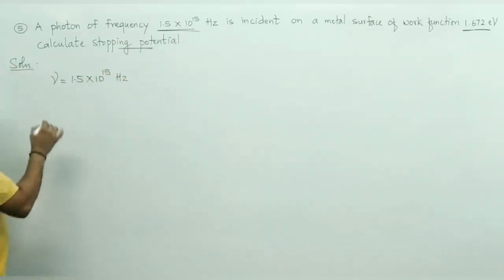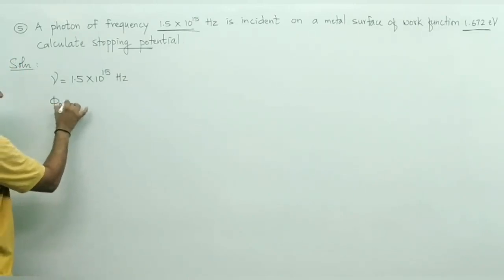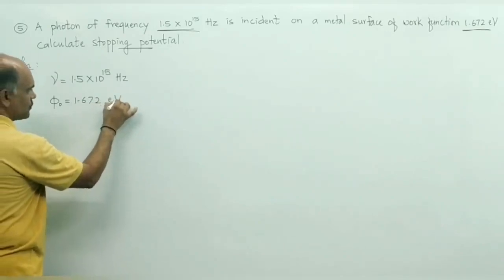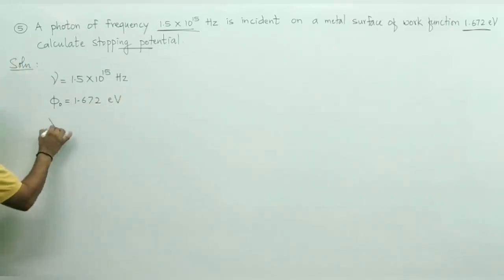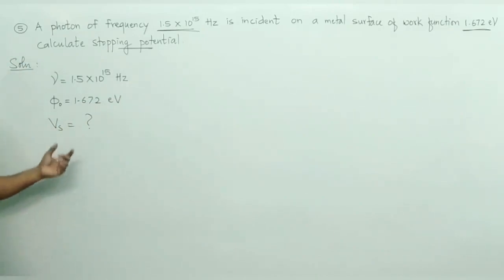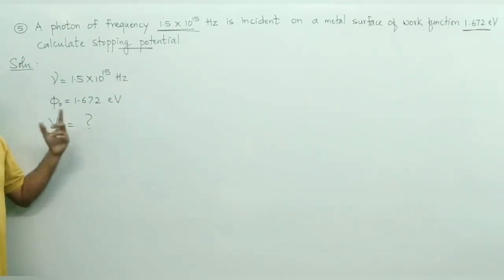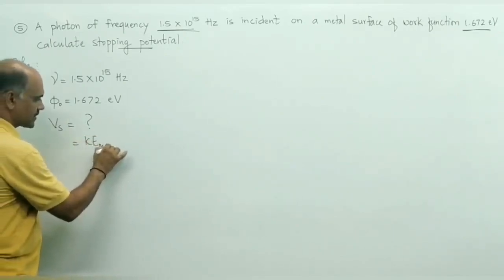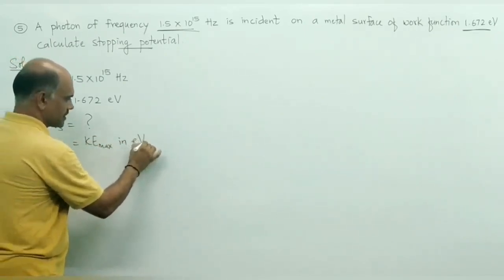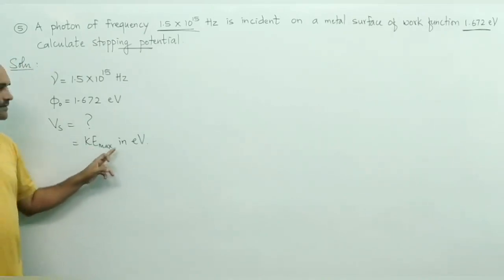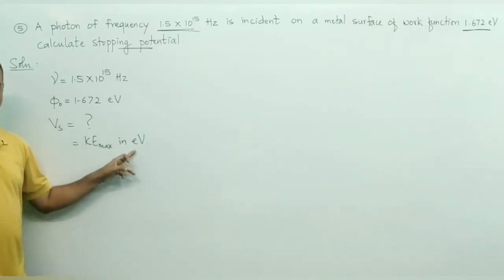Work function of metal, phi naught, is 1.672 electron volt. Stopping potential is nothing but maximum kinetic energy in electron volt, so indirectly you are required to find K max in electron volt.